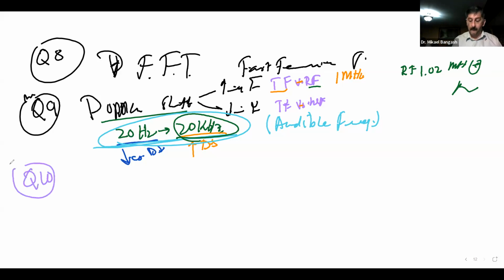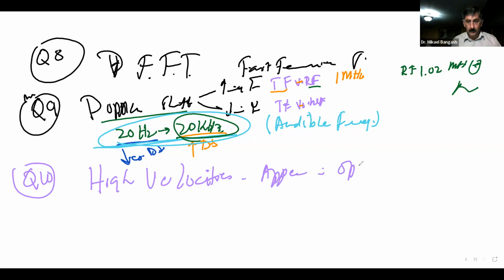Question number 10. Now the phenomenon where high velocities appear in the opposite direction. Guys, please keep in mind it talks of high velocities, and these high velocities appear in the opposite direction.